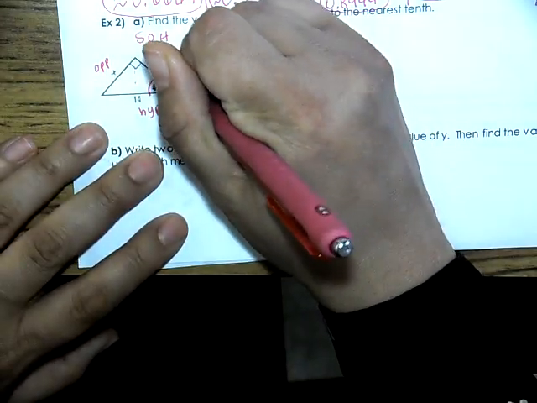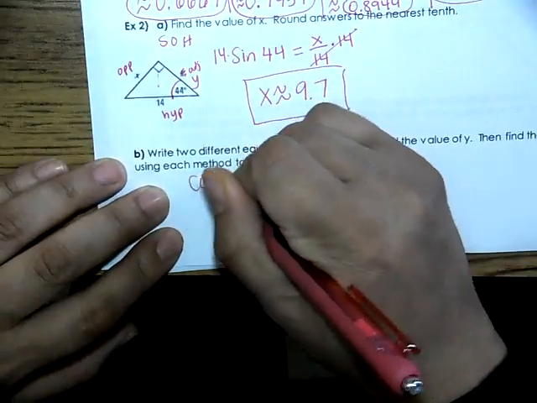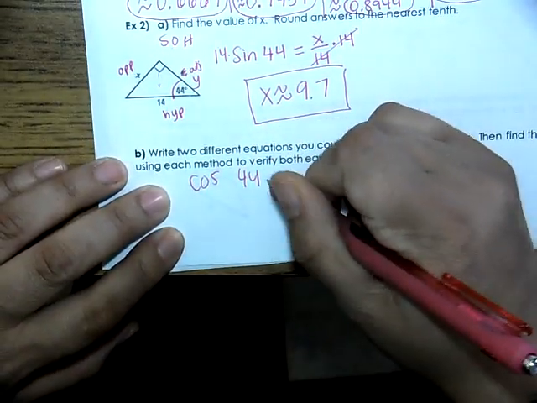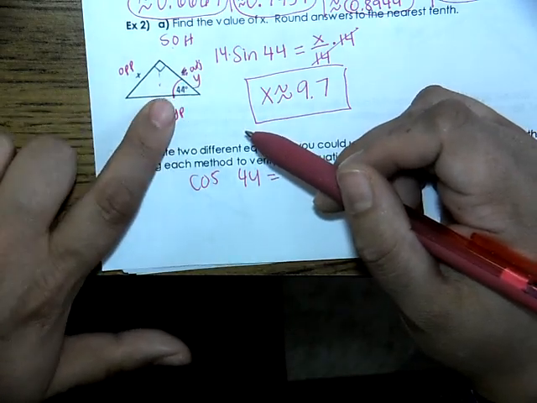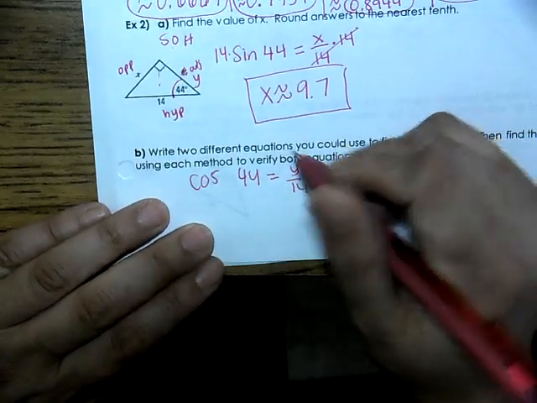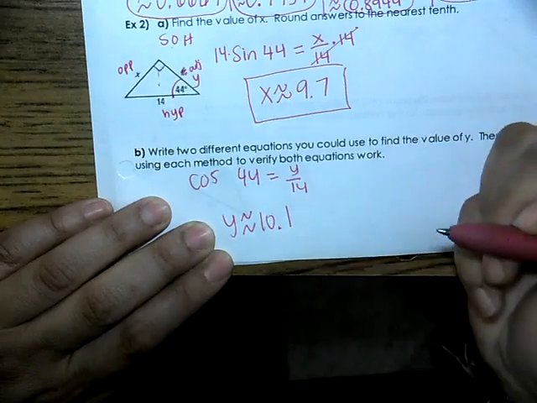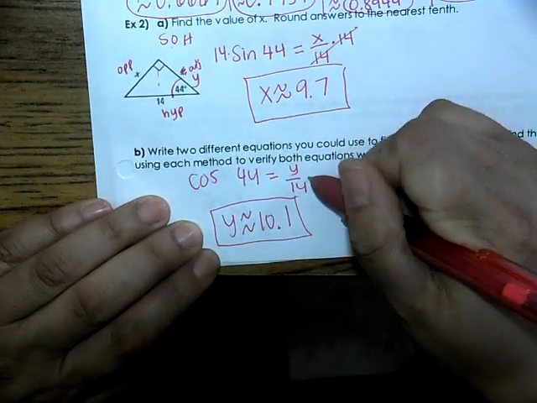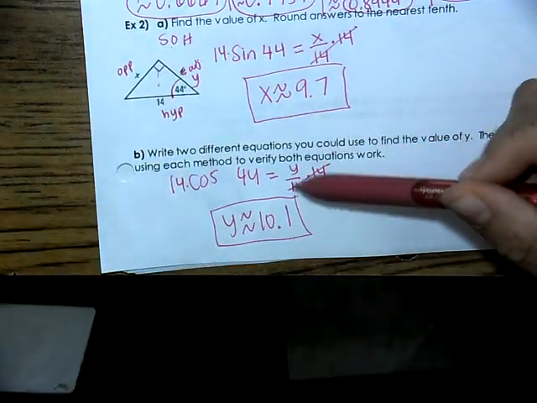If this is y and this is the adjacent, one option would be to use cosine of 44, and you would do adjacent over hypotenuse, so it'd be y over 14. And then you'd solve it and you'd be able to get the answer. I'm going to just tell you what it comes out to. 10.1 roughly.